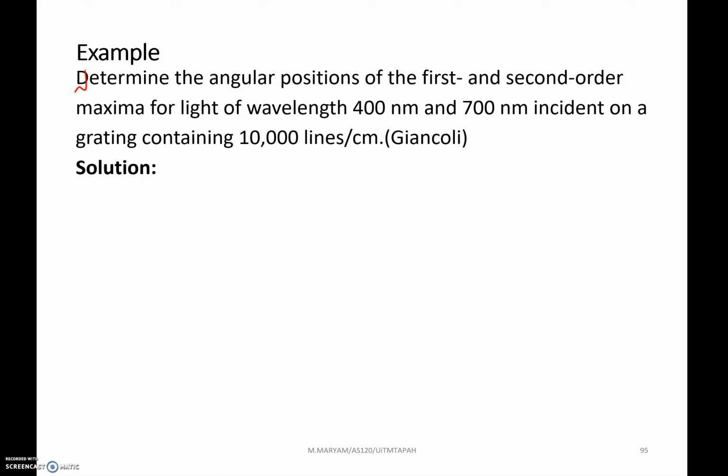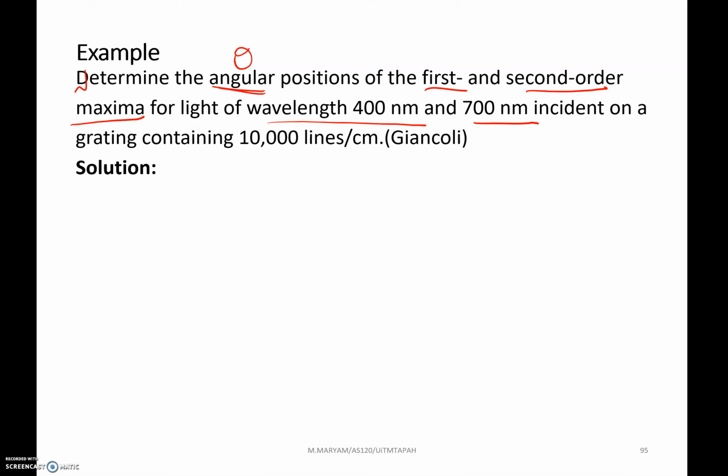Determine the angular position, which means they want the value of theta, of the first and second order maxima for light of wavelength 400 nanometer and 700 nanometer. Now, the order follows interference in Young's double slit.